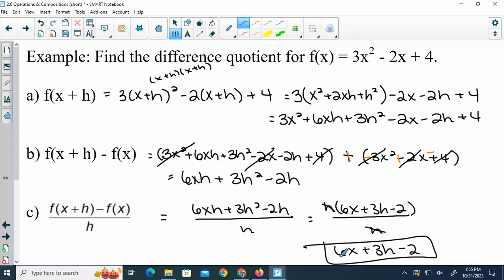The last thing I want to do today, I'm just going to introduce compositions. We may do one example and then we'll stop and pick up with those tomorrow. So a composition can be written a couple different ways.